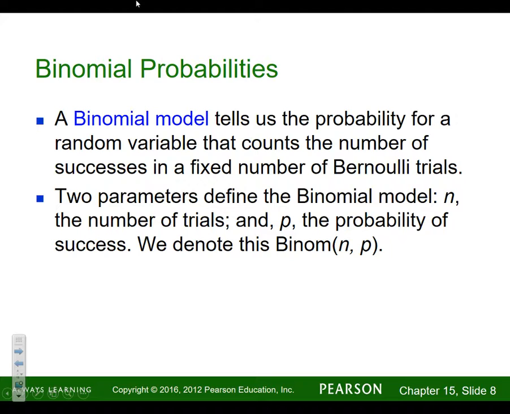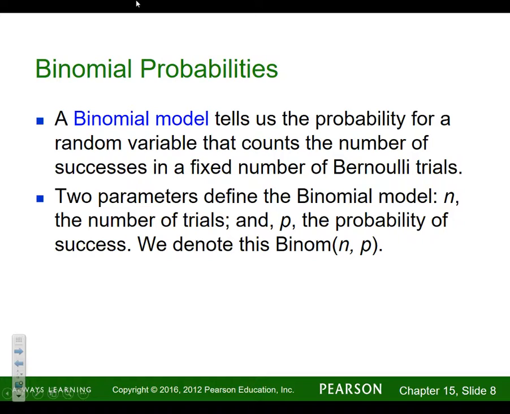So in a binomial distribution, we've got to meet a couple of conditions. We have to meet the Bernoulli trial conditions, which, what were they again? Success or failure. It has to have independence. And the probability is constant. But now we're also adding for a binomial model one more thing.